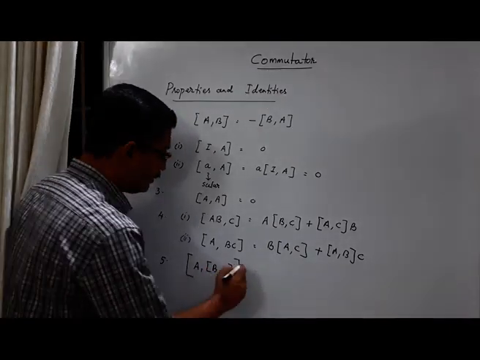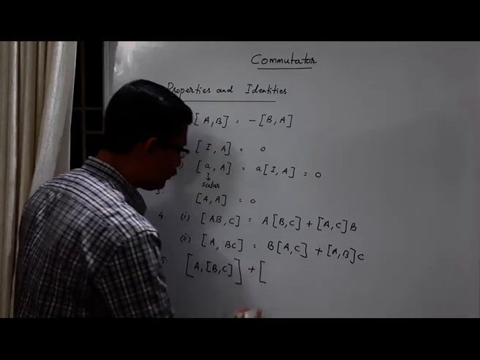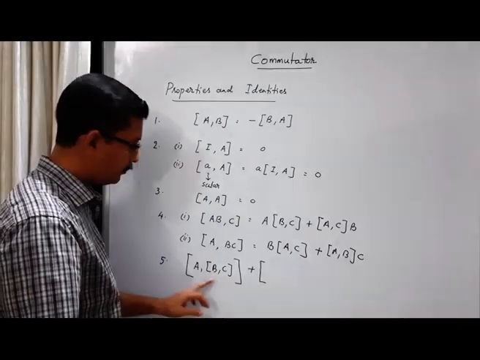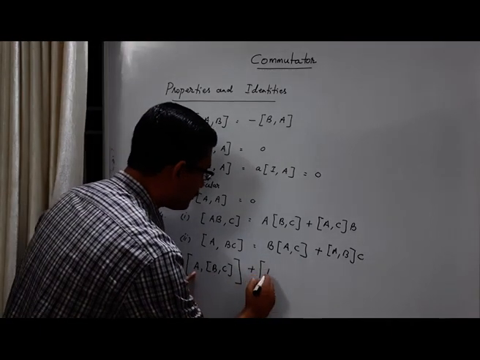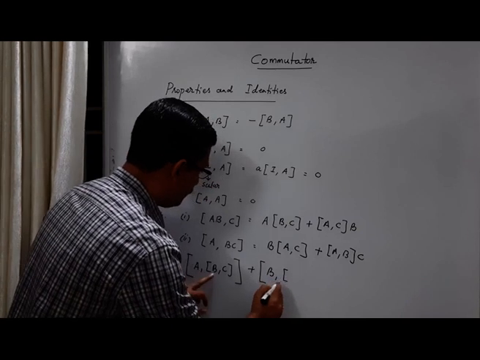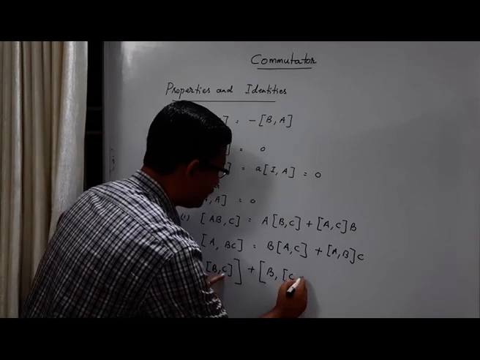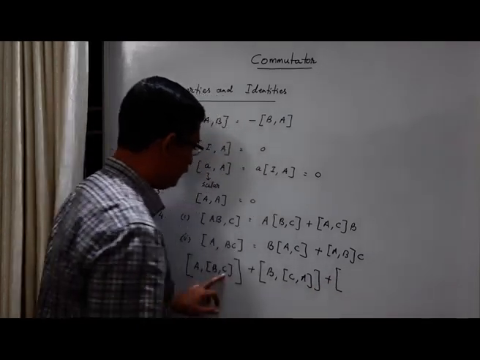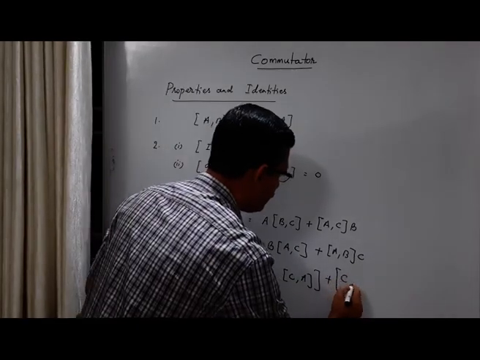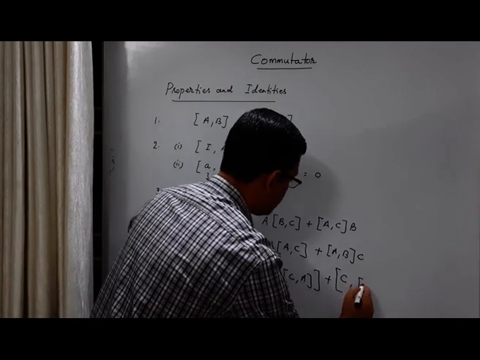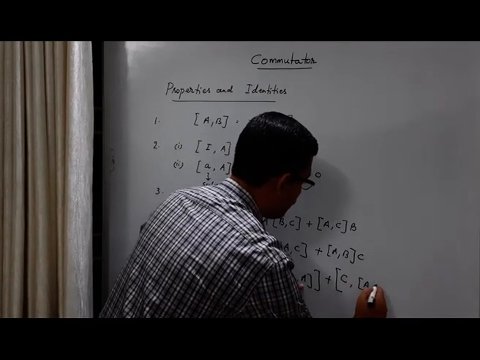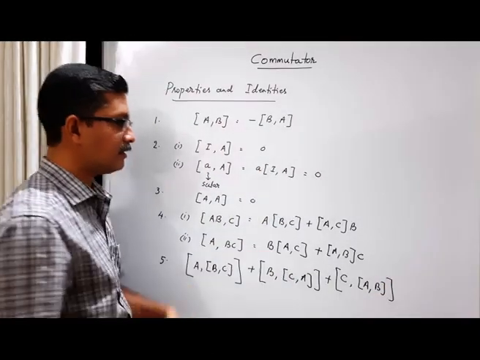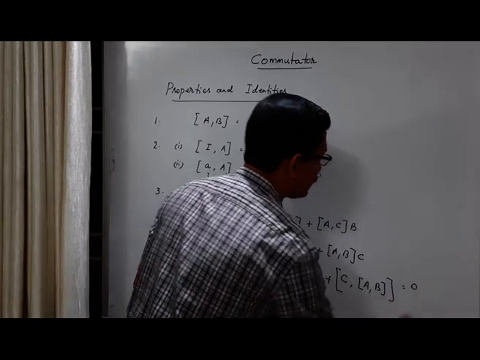Okay, this plus, now you add two more terms by cyclically changing A, B and C. In the second term, A becomes B, B becomes C and C becomes A, plus, and in the third term B becomes C, and C becomes A, A becomes B. Okay, there are three cyclic terms and this is equal to 0.